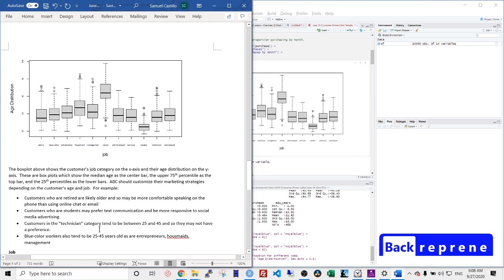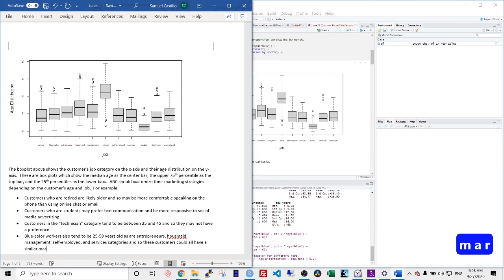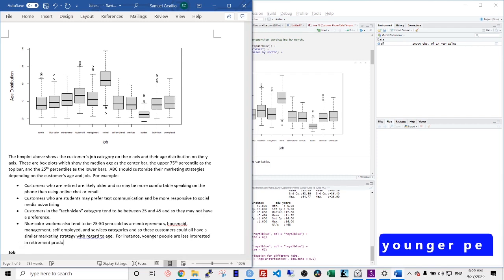You're like 25 to 50, the same as self-employed and services. And so these customers could all have a similar marketing strategy with regard to age. For instance, if younger people are less interested in retirement products than are older people.